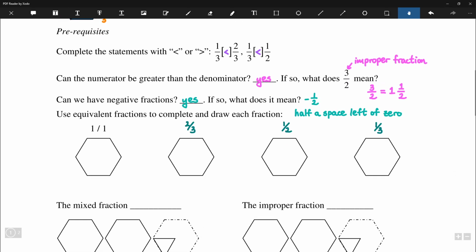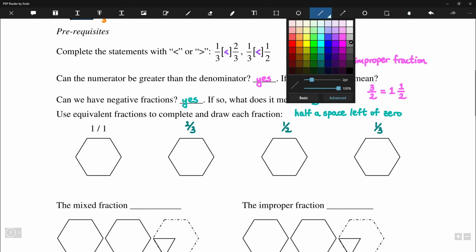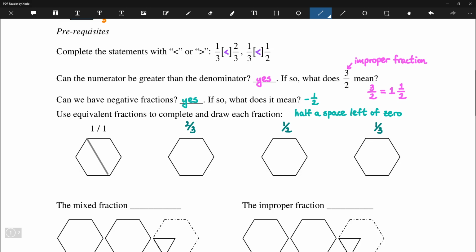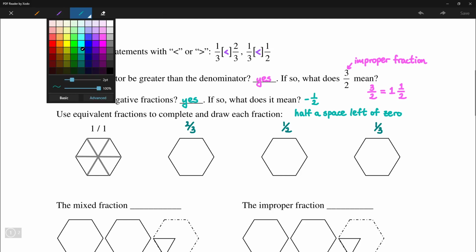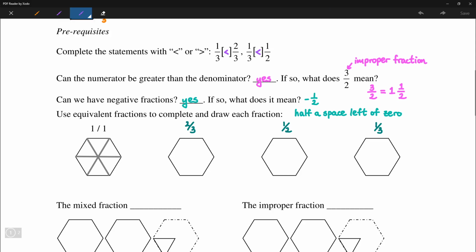So instead of 1 over 1, what we can do is divide this one hexagon into 6 equal triangles, like so. So 1 over 1 is equal to 6 over 6, for example.